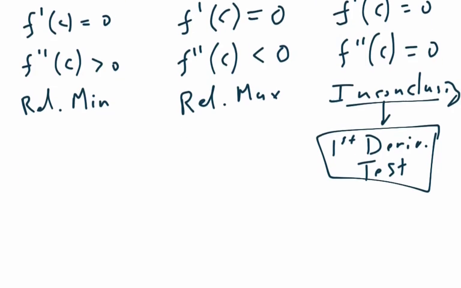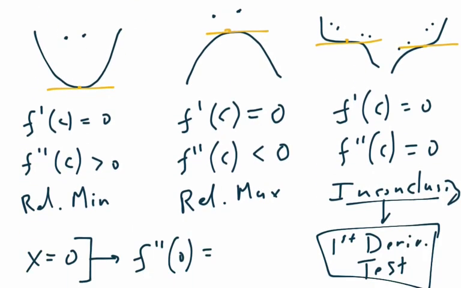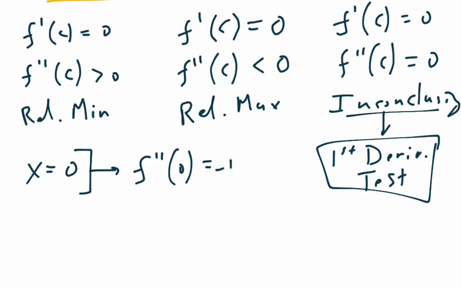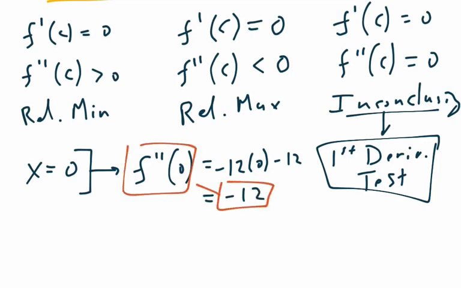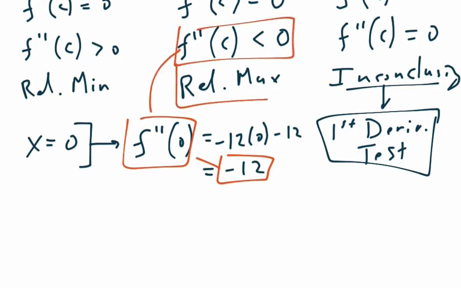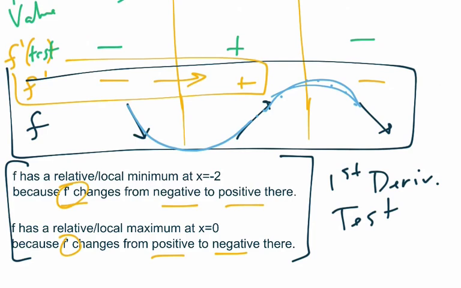So let's apply this to our example. We had x equals 0 as a critical point, and we're going to plug that into f double prime. If I take f double prime of 0, negative 12 times 0 minus 12 is negative 12. So because f double prime is negative, that's this situation here, which means that at x equals 0 we have a relative max, which is exactly what we concluded over here.